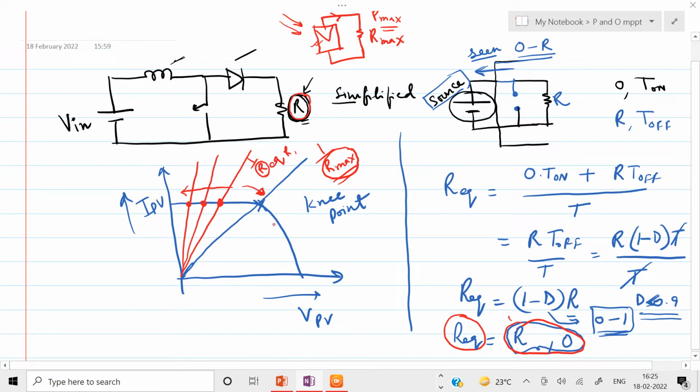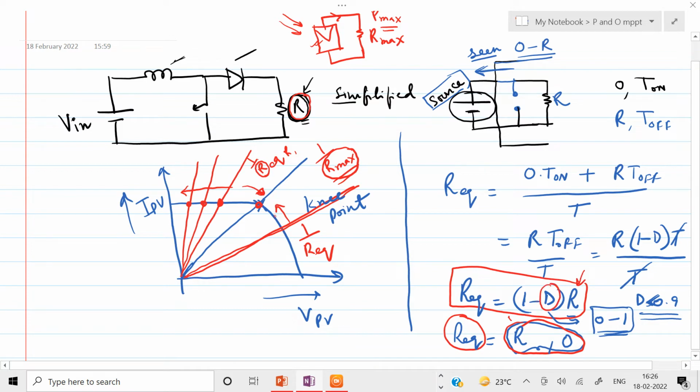That means we should have 1 by R equivalent somewhere here, so that if we increase the slope, then we can reach this maximum power point at some value of duty ratio D. Okay, because R equivalent is related to the value of R by this duty ratio D.